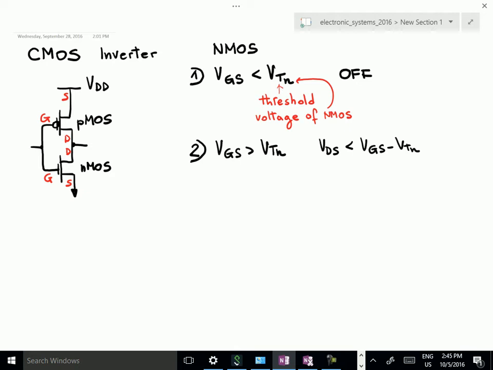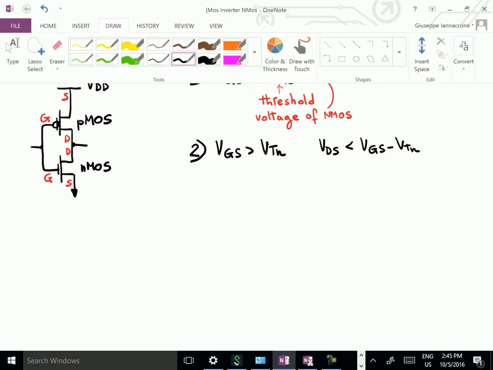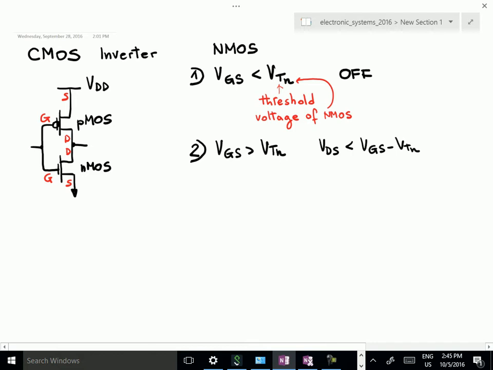I just want to start from here so that we can repeat some concepts. In these conditions, the device is on because the gate to source voltage is larger than the threshold voltage, so we have a channel below the gate dielectric, but VDS is small. In this situation we are in the so-called ohmic region.